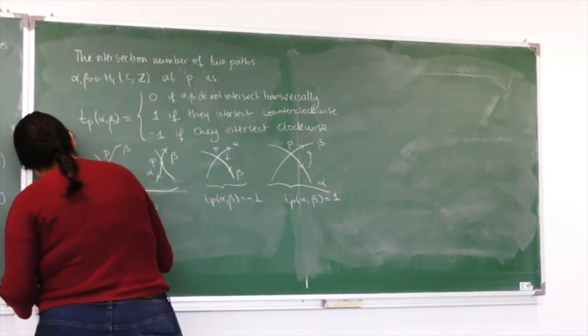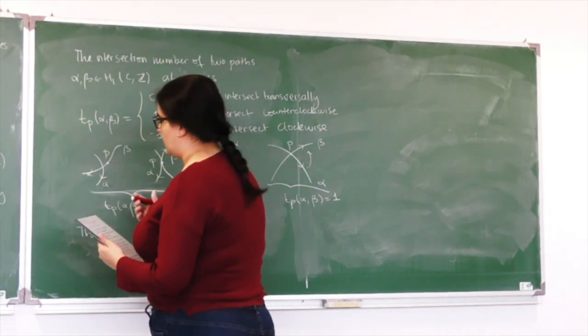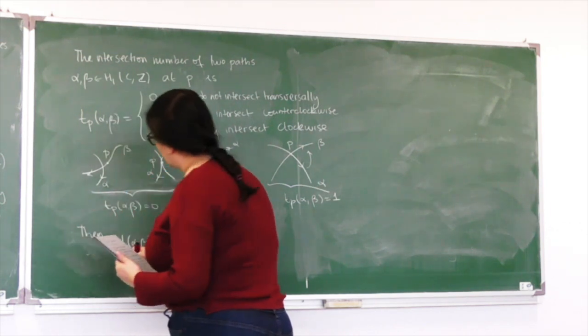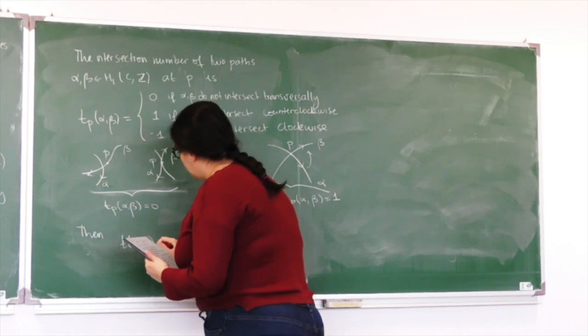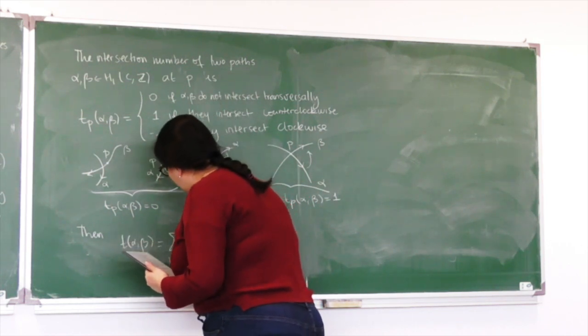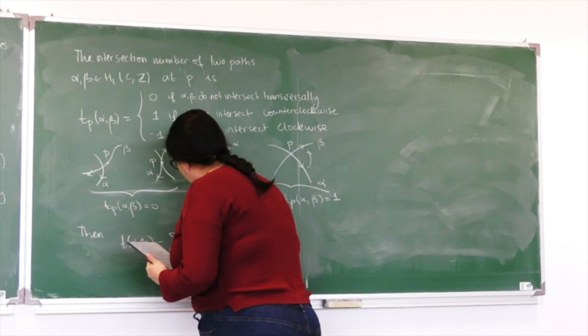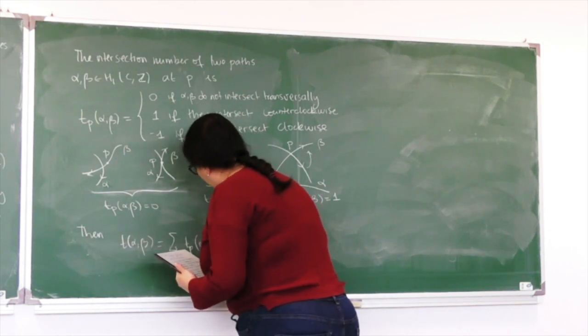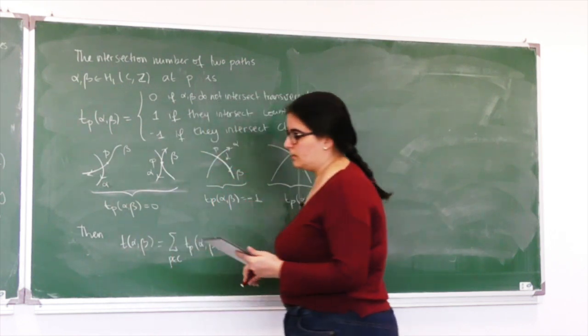So now we can define the intersection number of two paths. The intersection number of two paths, alpha, beta, it's just the sum for every point of the curve of the intersection number of alpha, beta at the point.